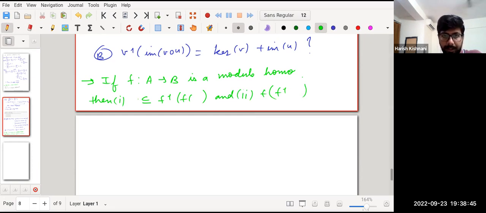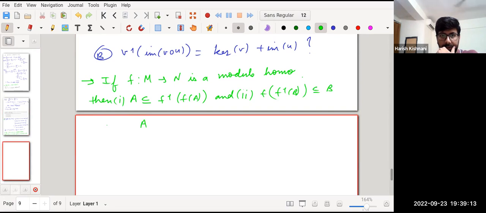So how to denote a subset? Let's say these are M and N. This is M, this is N, this is A, this is B. So A is a subset of M, where A is some subset of M, and B is some subset of N.